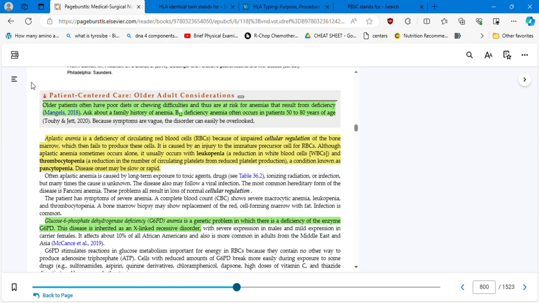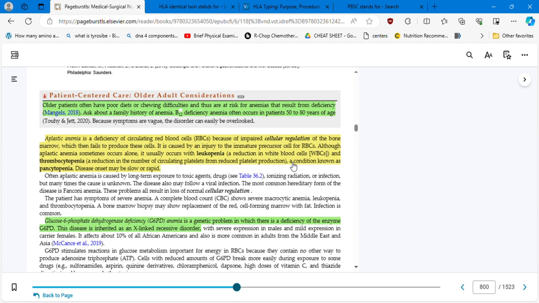Aplastic anemia is a deficiency of circulating red blood cells because of impaired cellular regulation of the bone marrow, which then fails to produce the cells. It is caused by an injury to the immune precursor cell for RBCs. Although aplastic anemia sometimes occurs alone, it usually occurs with leukopenia, a reduction in white blood cells, and thrombocytopenia, a reduction in the number of circulating platelets from reduced platelet production, a condition known as pancytopenia.